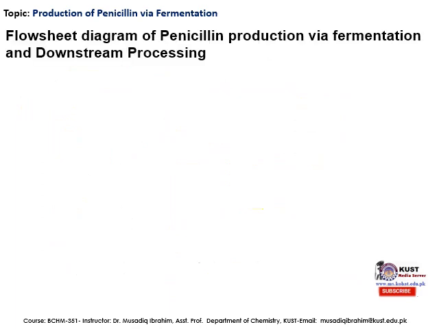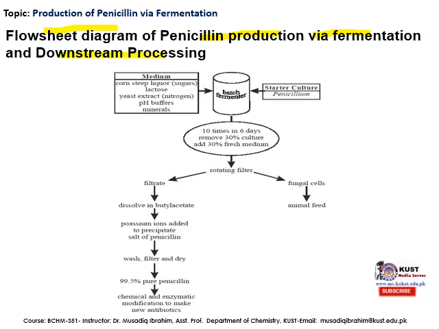Now moving towards the flow sheet diagram of penicillin production by the process of fermentation along with the downstream processing. So this is the flow sheet diagram for the penicillin production, and here we have the batch fermenter.